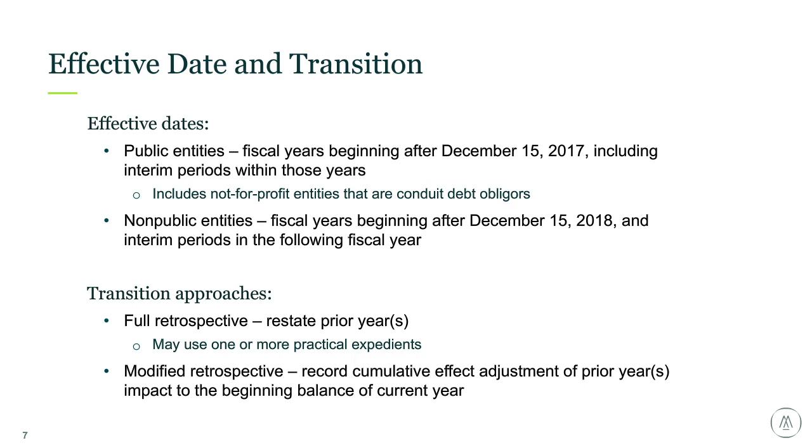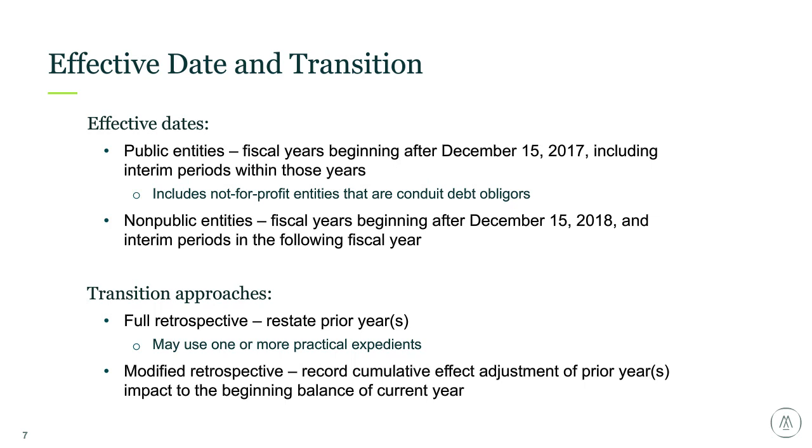I think, from a transition approach perspective, fully retrospective might be a little bit cleaner from a presentation standpoint. Financial statement line items will be the same in each individual year, but your decision on how to do this might be most dependent on disclosures. Fully retro is going to include the new disclosures for the prior year, but modified retro also includes a disclosure reconciliation of line items from the old to the new.